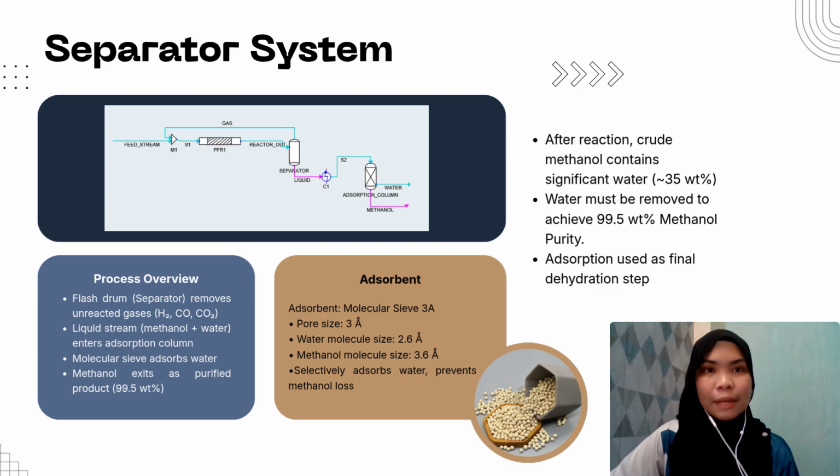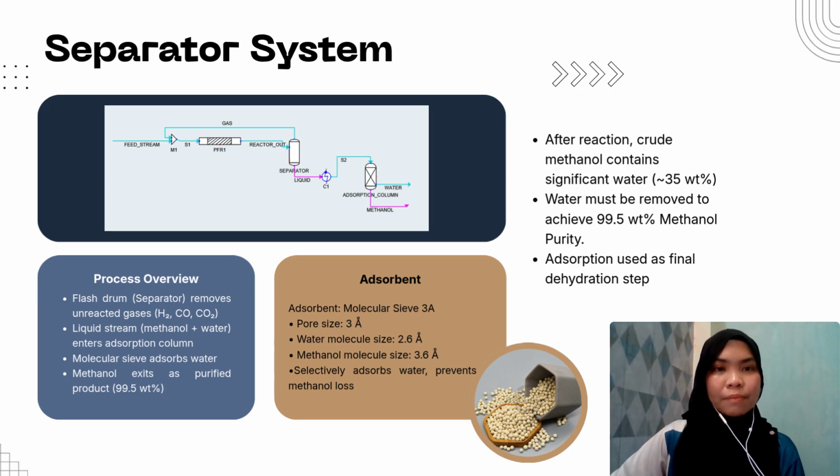On the other hand, the methanol molecules are larger, around 3.6 angstrom, which prevents them from entering the pores. Because of this molecular size difference, the molecular sieve selectively adsorbs only water, allowing methanol to pass through the column. As a result, high purity methanol leaves the adsorption column as the final product with approximately 99.5 weight% purity.